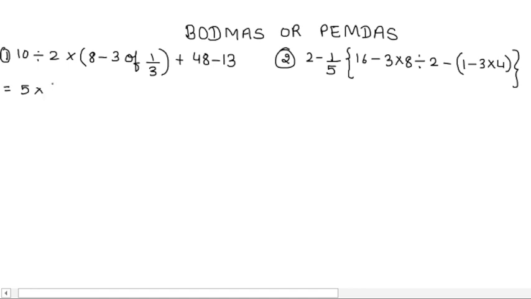times, inside the bracket I have subtraction and of. Out of these, of is here, subtraction is at the end. So the order of solving these two is: of is solved first and then subtraction. So when I solve this, I get 8 minus 3.